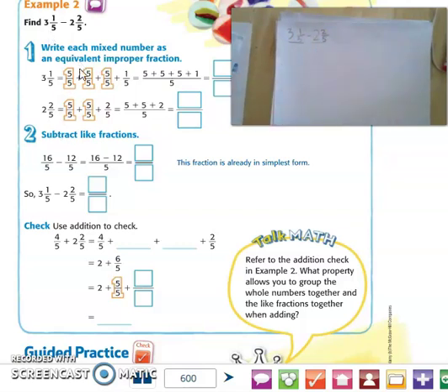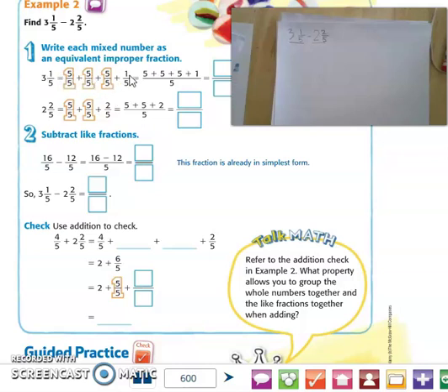Let me come back to this. I'm going to walk you through what the book has here before I show you another strategy, an alternative. So here we've got 3 1/5, which is our first mixed number. And they're going to write it as an improper fraction in this box here. So we took 3 and wrote it as 1 plus 1 plus 1, which is also 5/5 plus 5/5 plus 5/5.